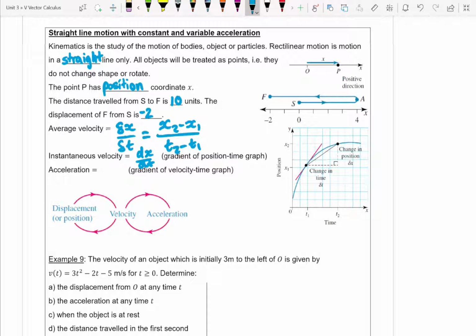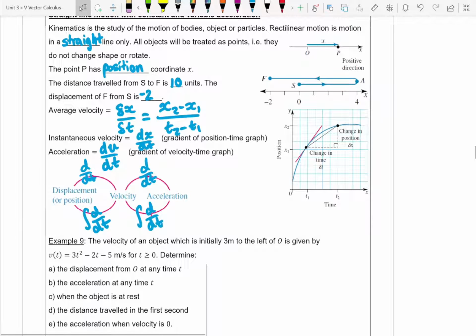If we then want acceleration, we take that one step further. We take our velocity and differentiate it with respect to time. And we see this pattern that we have. To go from displacement to velocity, you're going to differentiate, so d/dt. If you go from velocity to acceleration, you're going to differentiate. But if you're going the opposite direction, you're going to integrate.